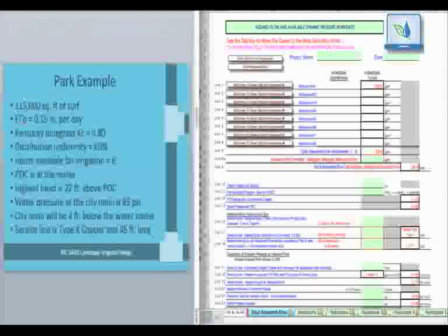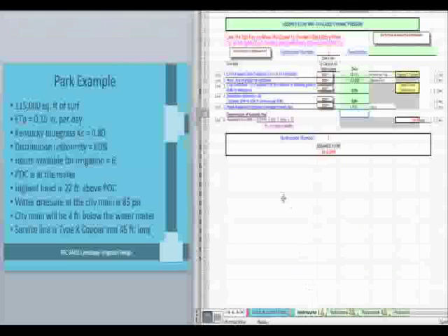And we're going to go through an example of a park, and we're going to come over here to our worksheet and go to hydrozone 1 to get that started. And that's what you can see here. I want to clear this and show you how I enter it. Okay, so with our example, we've got 115,000 square feet of turf, reference ET of 0.15 inches per day, Kentucky bluegrass coefficient of 0.8 or 80%, distribution uniformity of 60%, hours available for irrigation of 6.